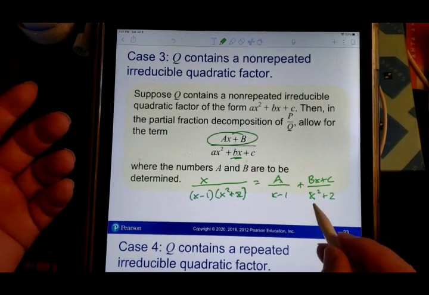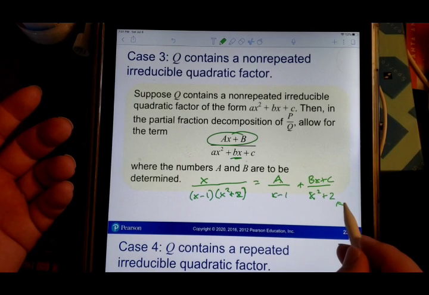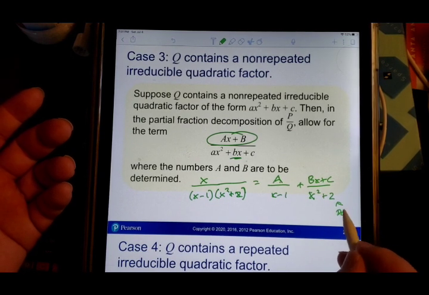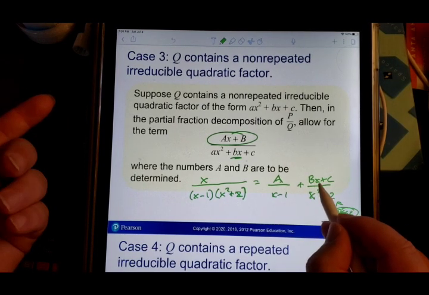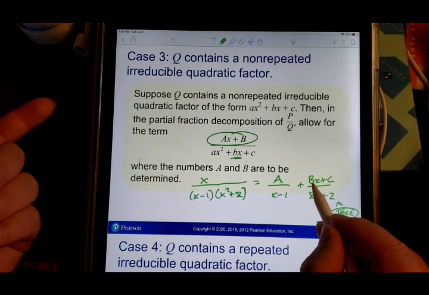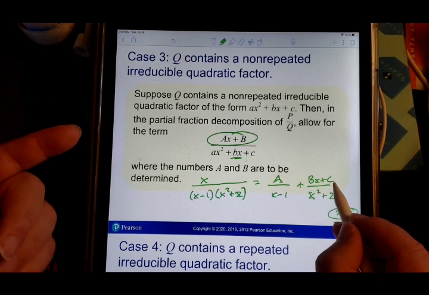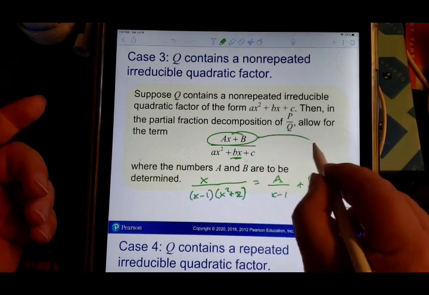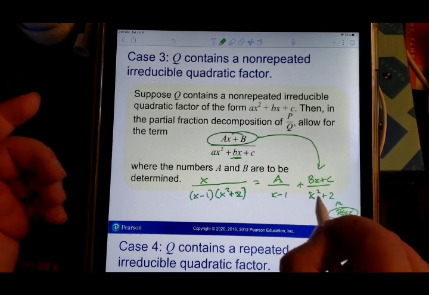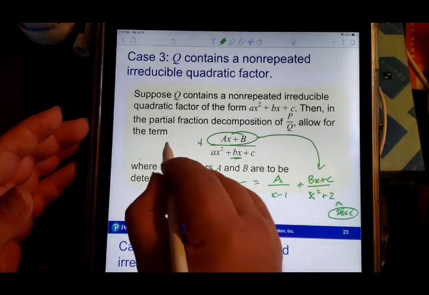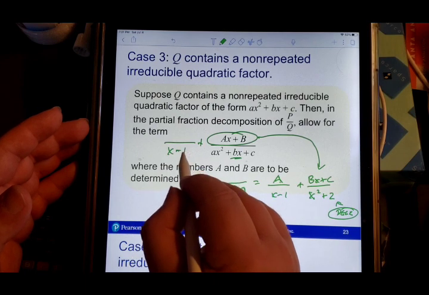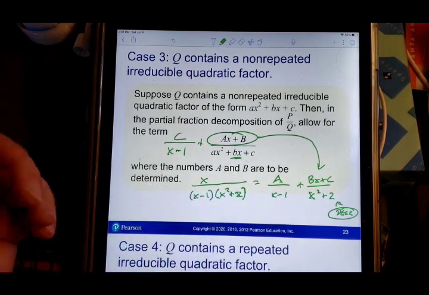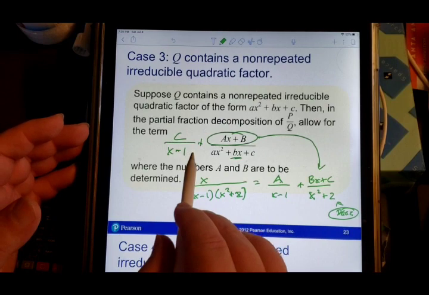So if you have degree 2 down here, you're going to put degree 1, meaning degree 1 plus degree 0. You're going to put this entire expression there. So to match this up, if I had just x minus 1, that just gets a single letter. I'll put C up there.